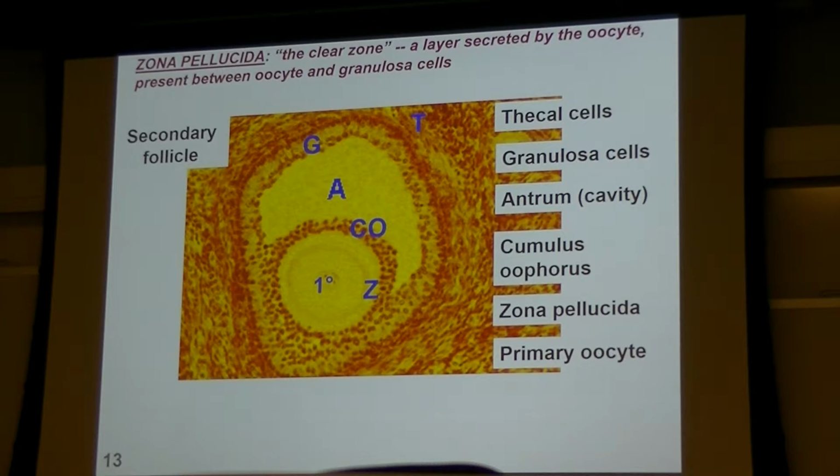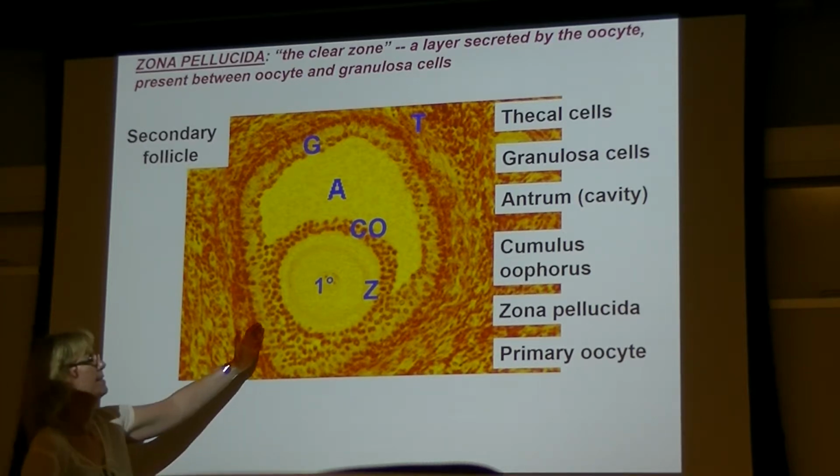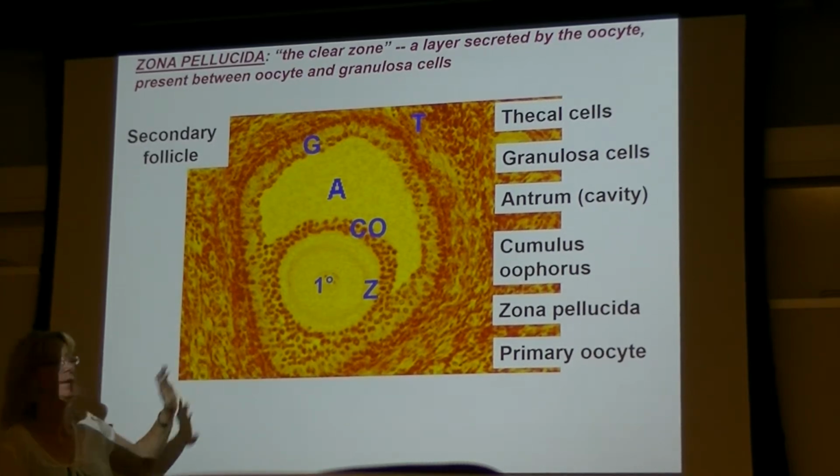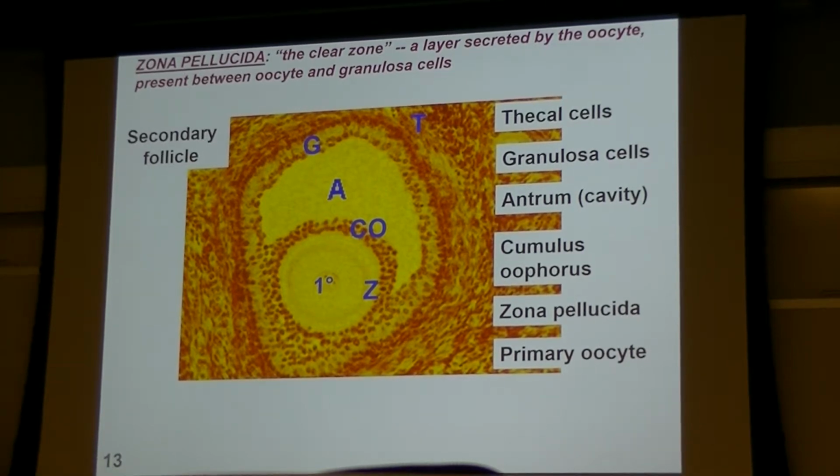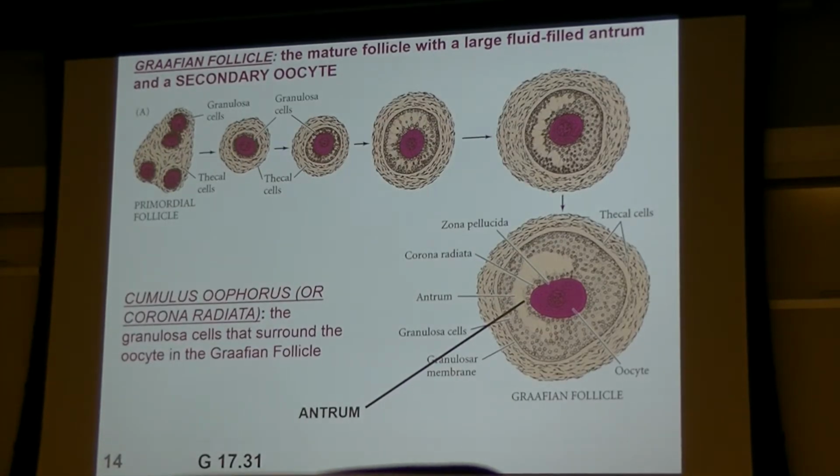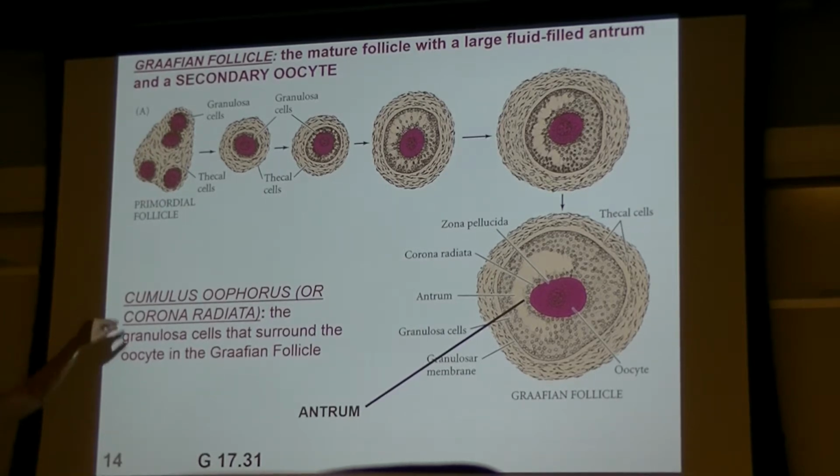And then finally, more granulosa cells, and then outside of that, thecal cells. Okay, cumulus oophorus, another name for it is the corona radiata, the radiant crown. So the oocyte is surrounded by all of these cells that sort of look like a crown.